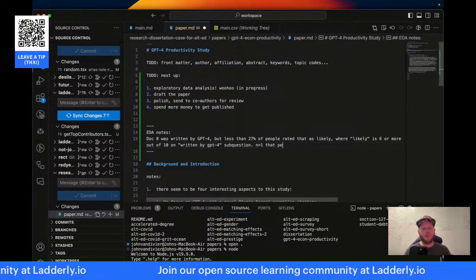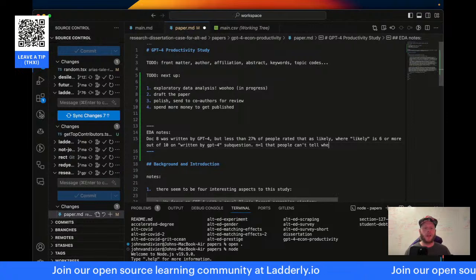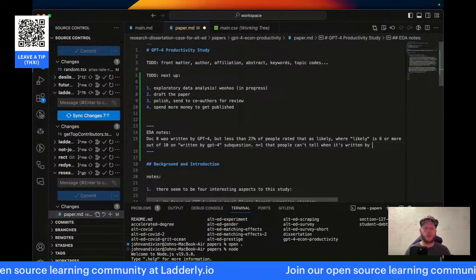N equals 1, that people can't tell when it's written by GPT.